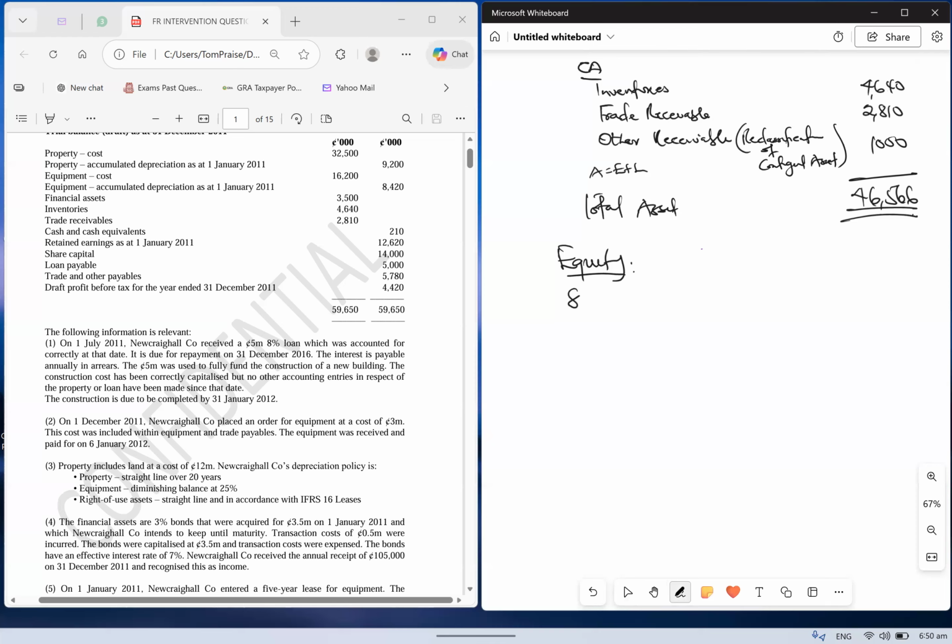So we have equity. Share capital is there. Share capital is 14. Then you have retained earnings. What is the opening balance of the retained earnings?